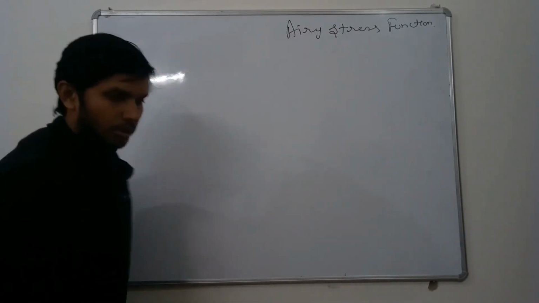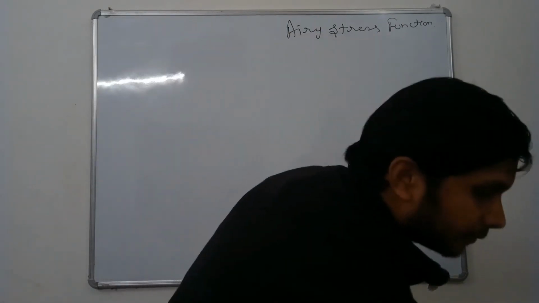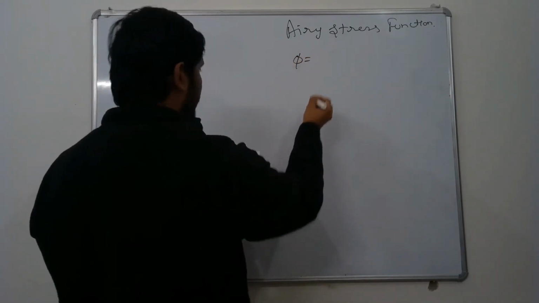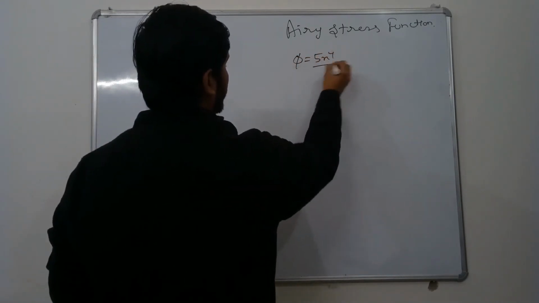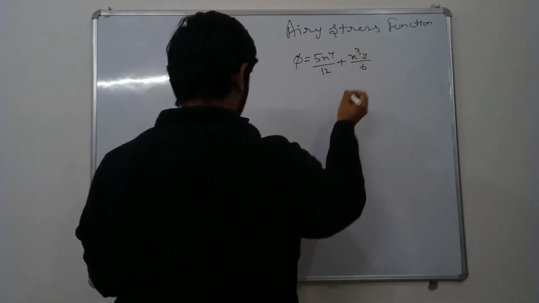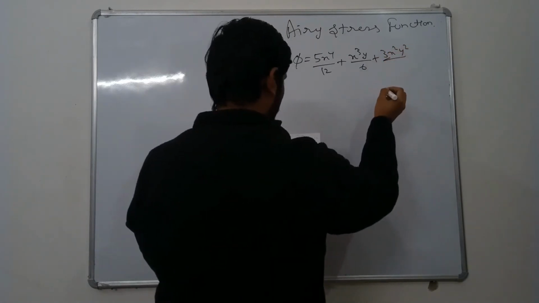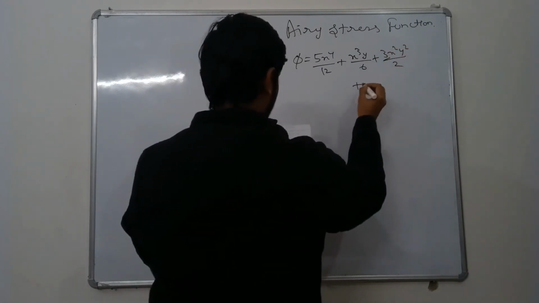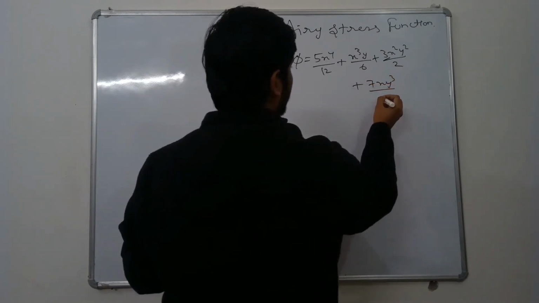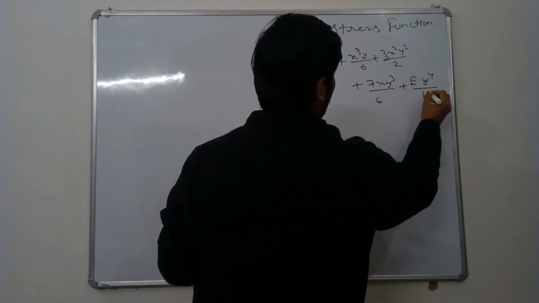Fine. So what is that question? Let me write it. So they have given the area stress function is phi equal to 5x to the power 4 by 12 plus x cube y by 6 plus 3x square y square by 2 plus 7xy cube by 6 plus e y to the power 4 by 12.